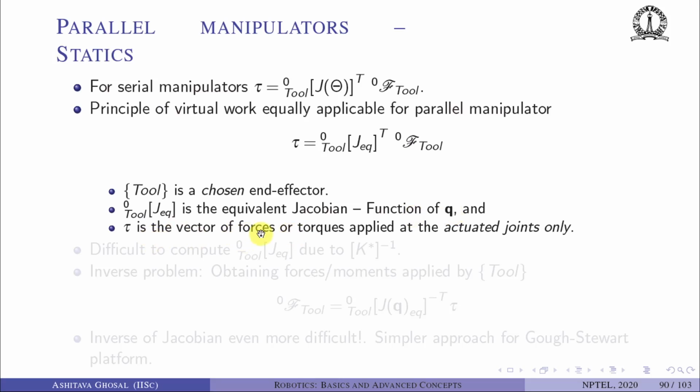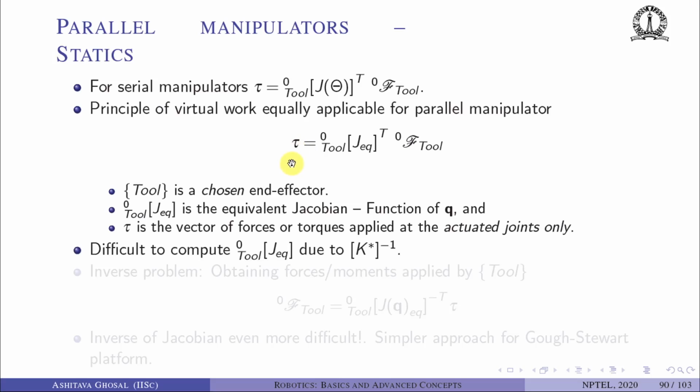And tau is the vector of forces or torques applied at the actuated joints only. In a parallel manipulator we have actuated joints and passive joints. You are not going to apply any torque on the passive joints. So tau is only the forces and moments applied on the actuated joints.